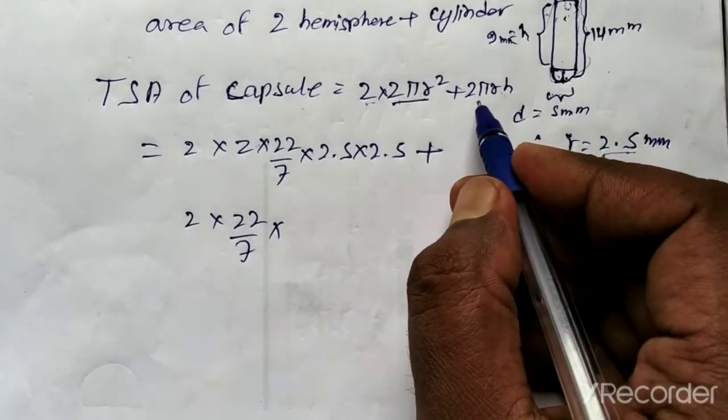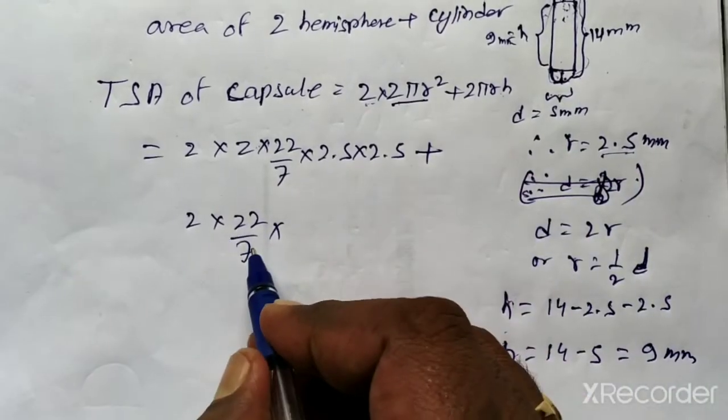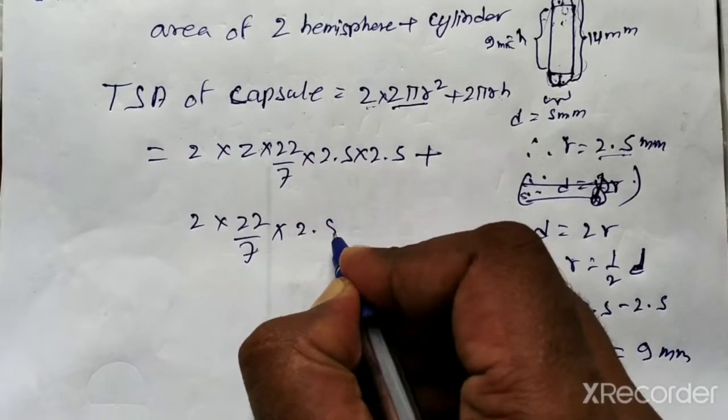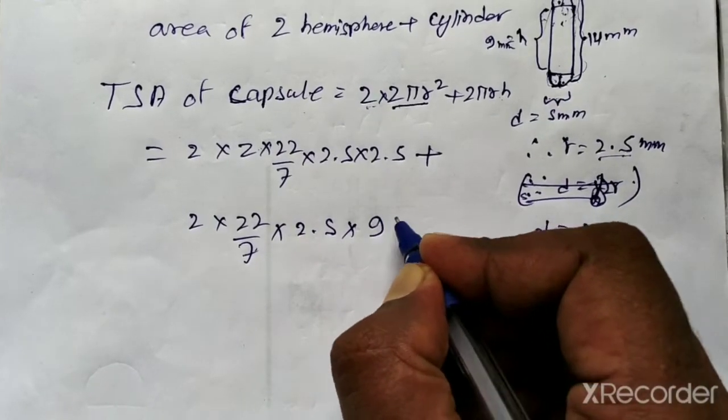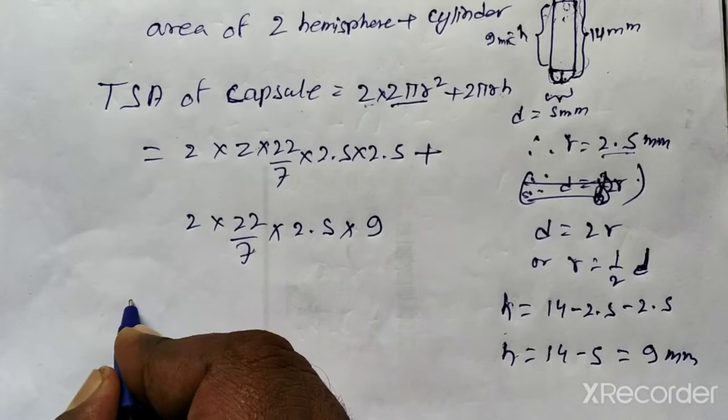2 pi r, r is 2.5, into h, h is 9. Now we will simplify this.